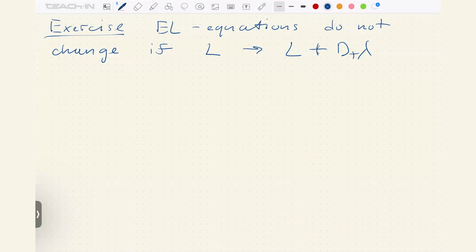By the way, it's also a good moment to introduce the Euler Lagrange derivative as an object on jet space. By definition, again, I'll do it in coordinates, but in principle, it can be done fully invariantly and geometrically, but it's not our aim.